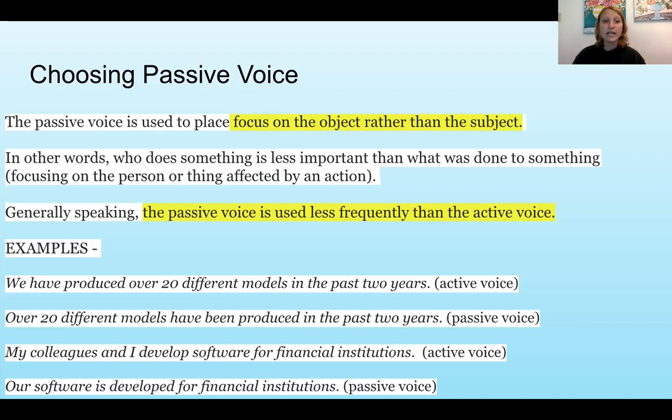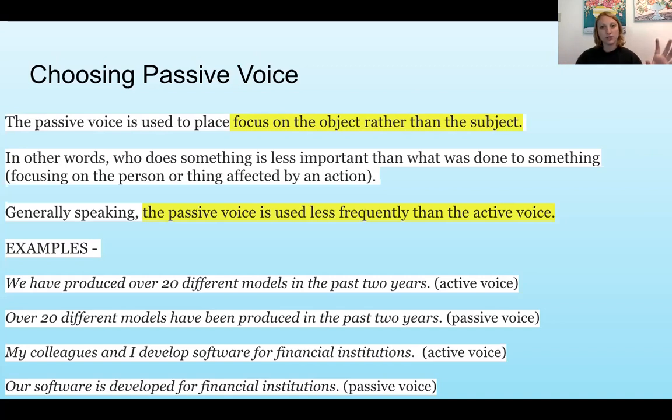So, in other words, who does something is less important in the passive voice rather than what was done to something. All right. And generally speaking, the passive voice is used less frequently than the active voice.